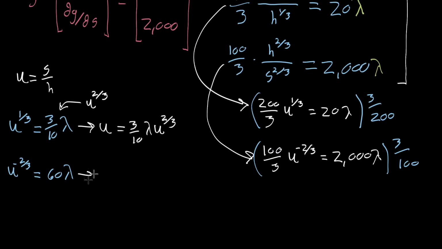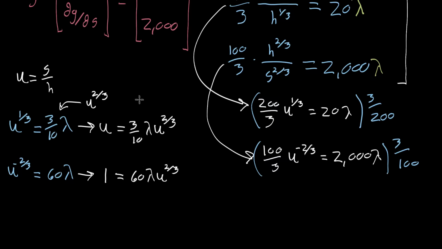And then on the bottom here, when I multiply it by U to the 2/3, the left side becomes 1, because it cancels out with U to the negative 2/3. And the right side is 60 times lambda times U to the 2/3. Now these right sides look very similar, and the left sides are quite simple. So I'm going to multiply this top one by whatever it takes to make it look exactly like that right side.